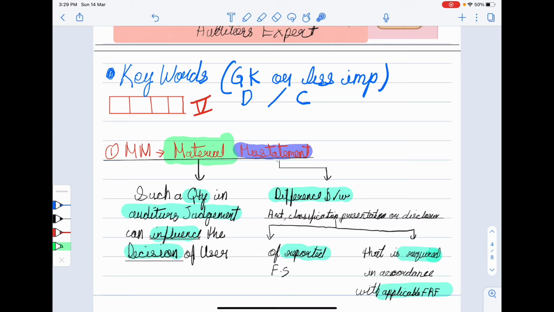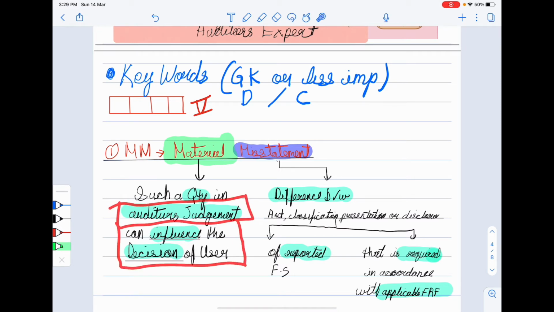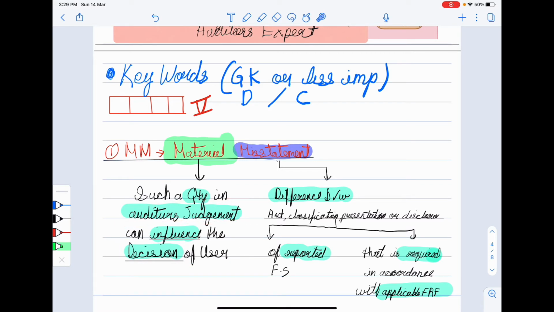If in the P&L they show 1 lakh less profit in front of 1,000 crores, what is 1 lakh? It is nothing for them. This is how auditors check whether it will influence the decision of the user or not.